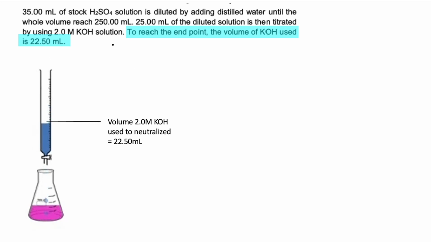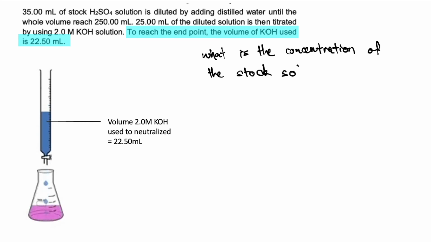So if the question asks you for the stock solutions, the first thing you can find is not the stock solution but the diluted solution. So you need to write the chemical equation first.